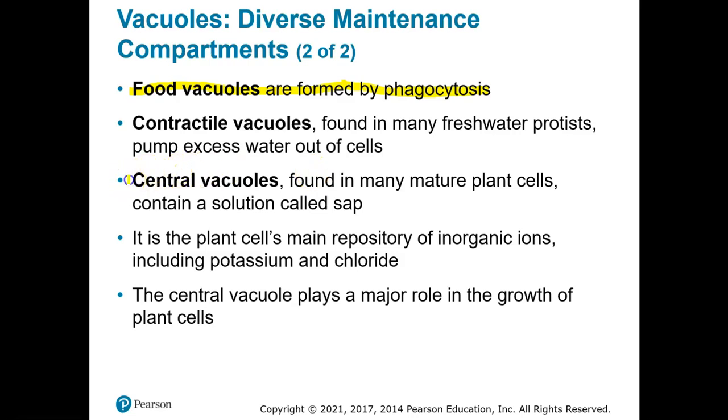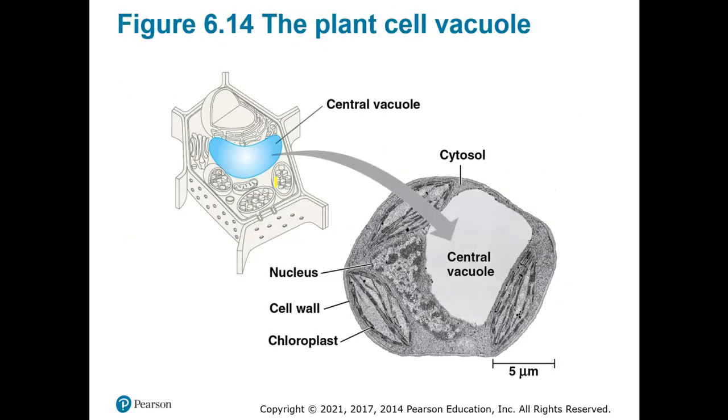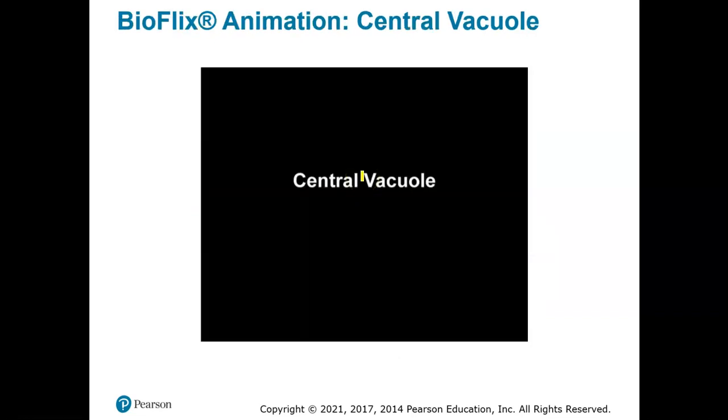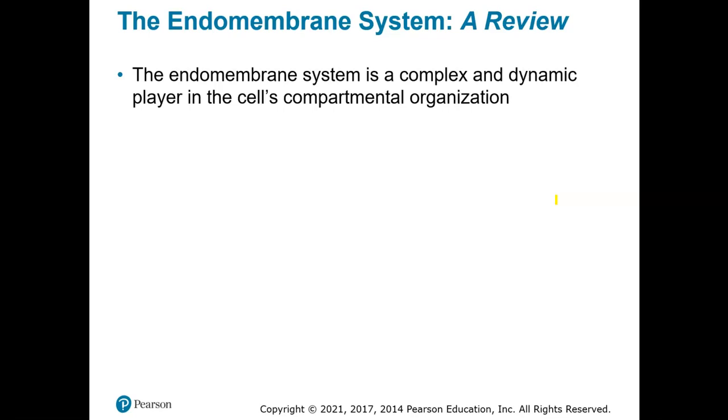And then plant cells have those large central vacuoles for storing water. And you can see that in this image here, plant cell and its large central vacuole. So vacuoles are just typically larger. There's an animation on the central vacuole in a plant cell, and you can find that in section 6.4.